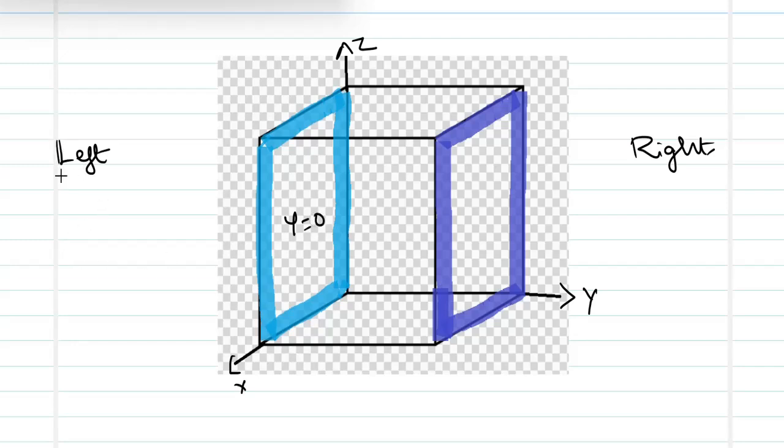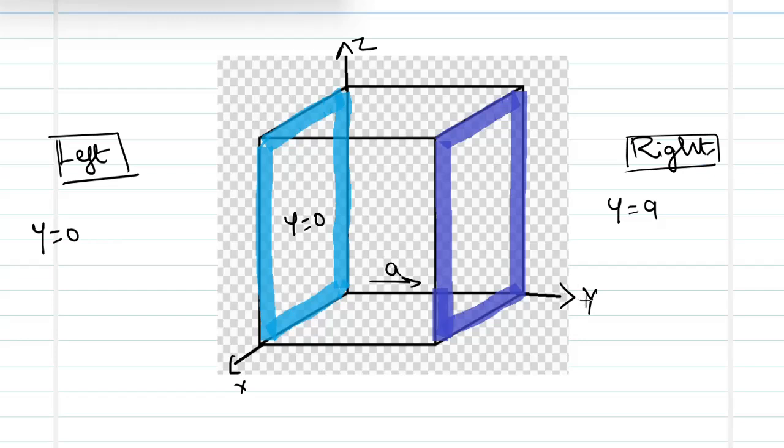So the plane on our left is always represented by the equation y equal to 0. Now, if I move a units in the direction of y, I will be reaching this plane in the dark blue color, which is going to be on the right portion of it. So I have moved a units in the y direction, and this dark blue plane will be called y equal to a.